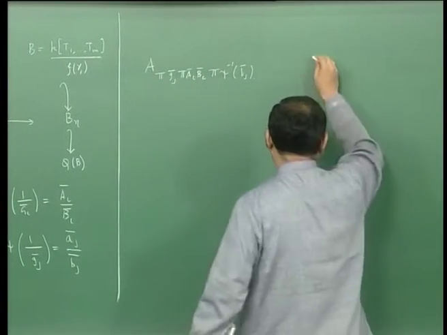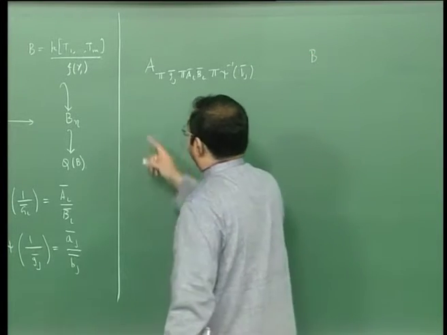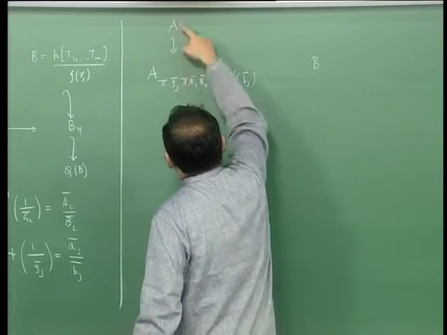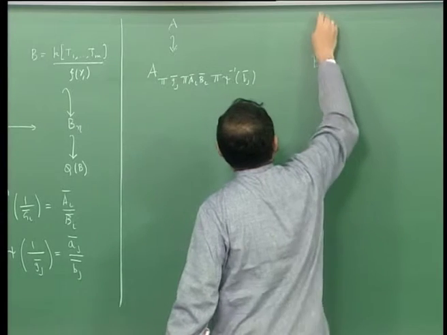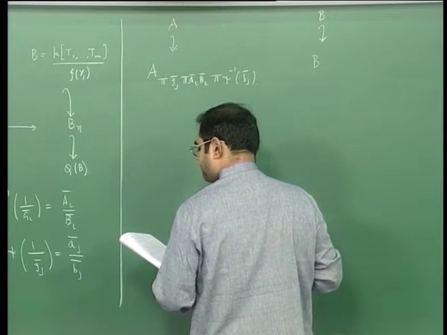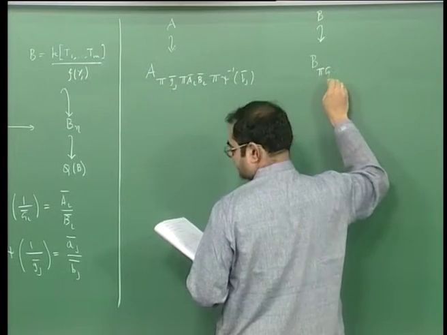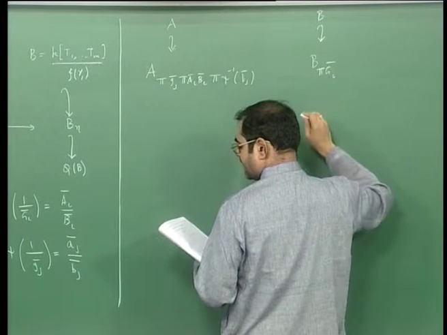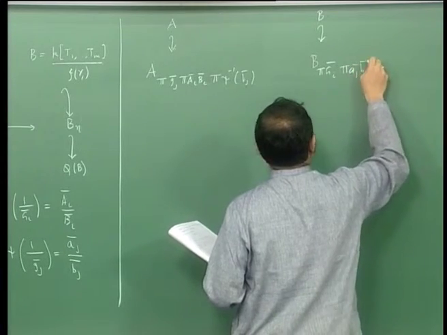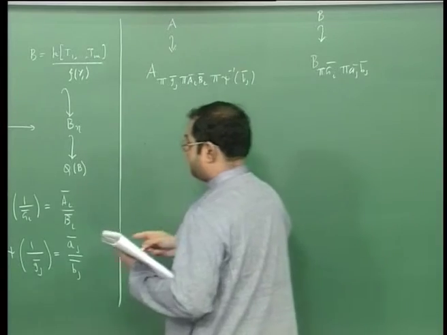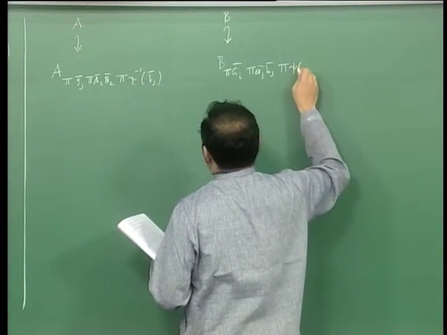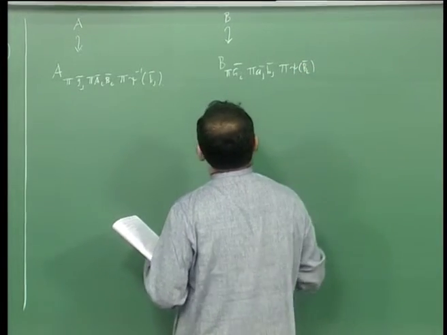A is going to sit inside this localization, and B is going to sit inside this localization, and in this localization you take the product of capital Gi bar, the product of Aj bar Bj bar, and I think you will also have to take the product of psi of capital Bi bar, okay.